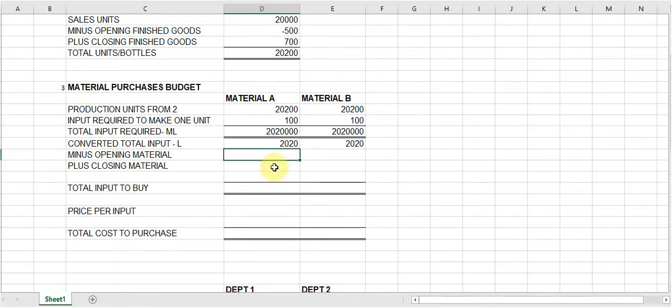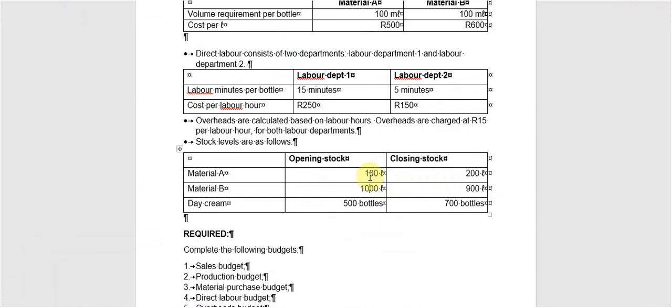So for material A, it was 100 liters. For material B, it was 1,000. The closing stock was 200 and 900 respectively. Let me just double check if I've captured that correctly. It's 100 and 1,000 and 200 and 900 closing stock.